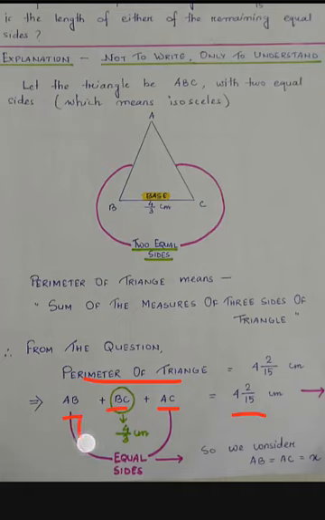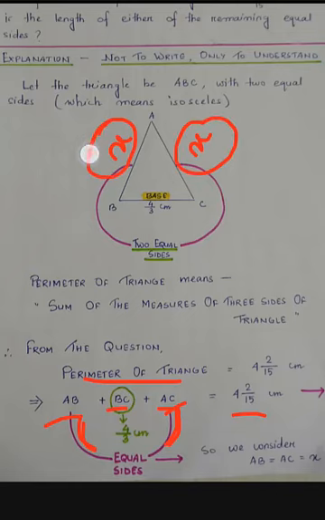So AB plus AC. If I consider this side to be x and this as x also, in this case AB will be replaced by x, and AC will also be replaced by x. Why so? Because AB and AC are equal sides.